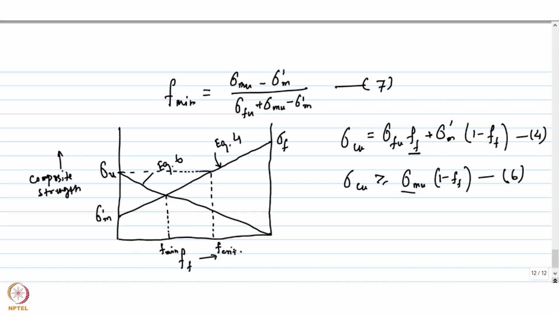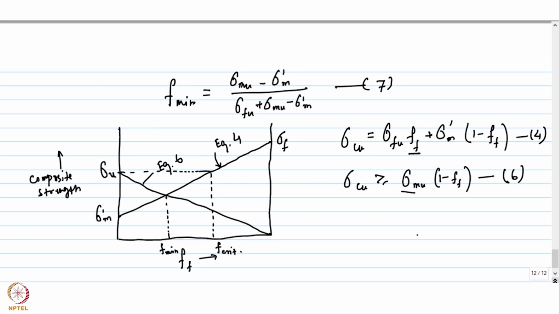Right, so this is how the minimum and the critical volume fractions of the fiber can be represented by a plot like this, if you plot these two equations as a function of the volume fraction of the fibers.